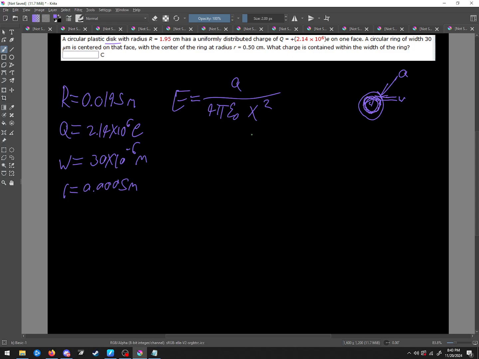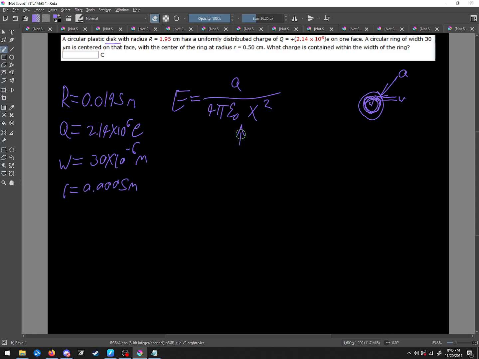I don't like this formula. For some reason, this formula just does not seem to work very well. So yeah, we don't need to use this formula even.